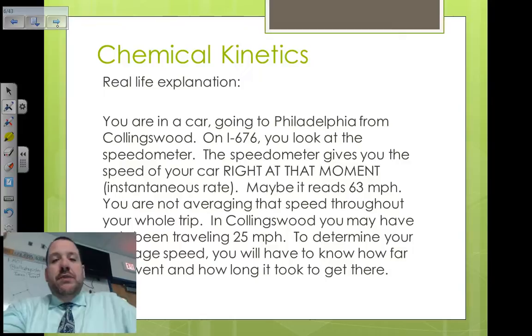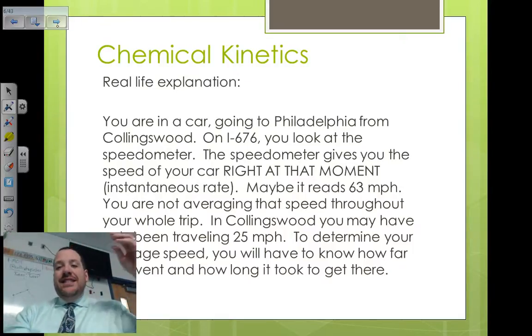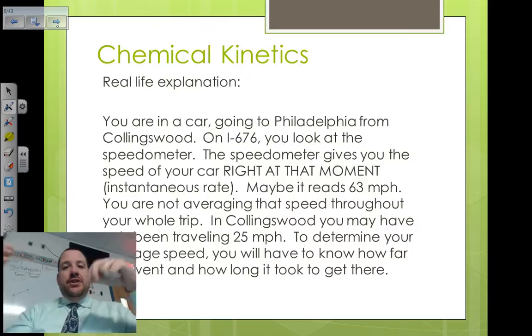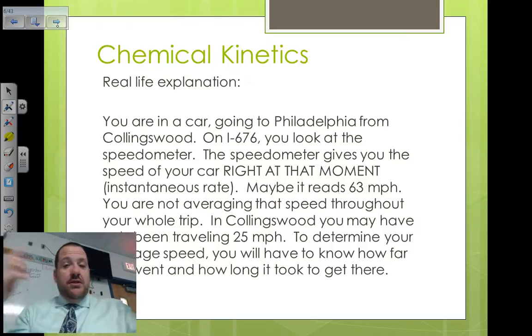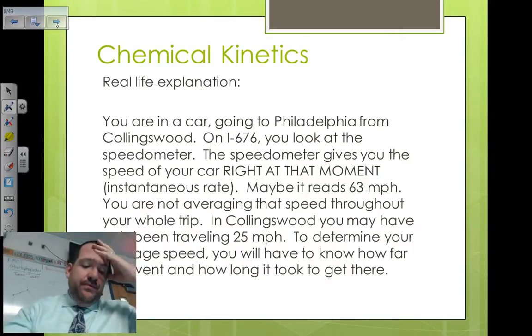It would be ridiculous for me to leave a parking lot going 32 miles an hour. I'm taking my life in my hands at that point. So my instantaneous speed will change because of my traveling conditions. Just like a chemical reaction, the instantaneous rate will change because the conditions in a reaction are always changing.